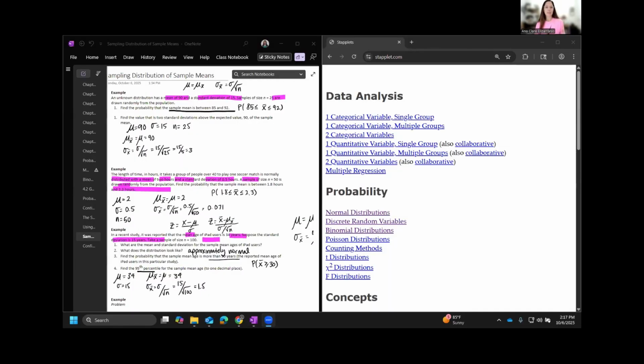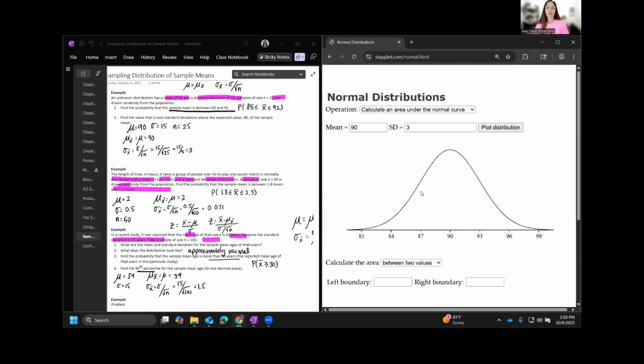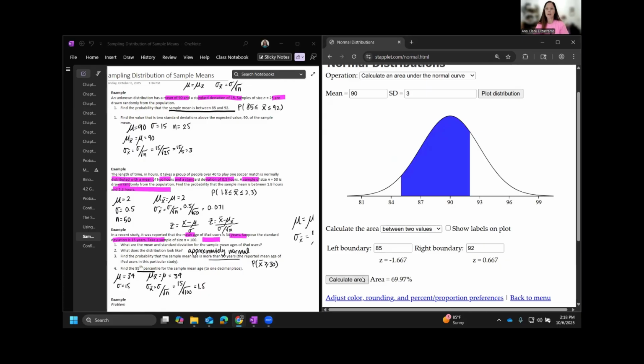Okay, going back to our first example where we know the mean now and the standard deviation that we're using for the sampling distribution. These are now just normal calculations. So we go to Statplet and we select normal distribution, and we know that the mean is 90 and the standard deviation, which has been adjusted for the sample size, is now 3. I'm going to plot that distribution. I want to know the probability of being between 85 and 92. So 85 is my left boundary and 92 is my right boundary, and then I can calculate that area.